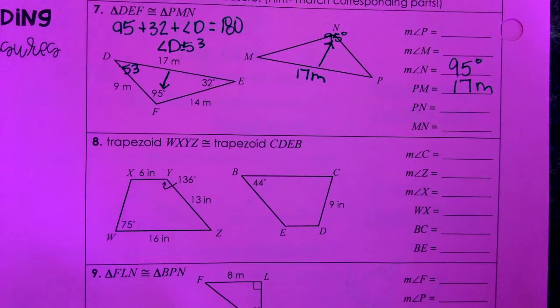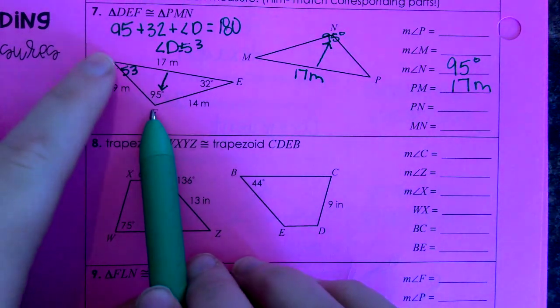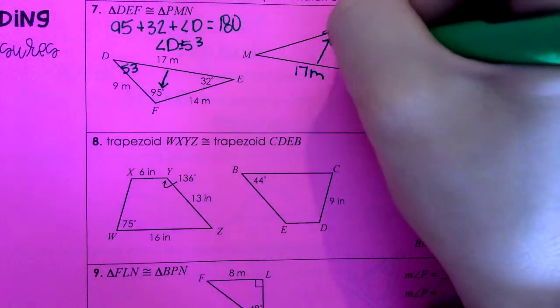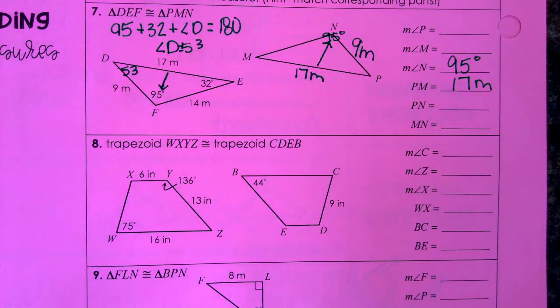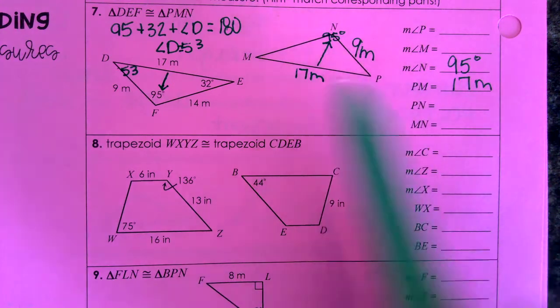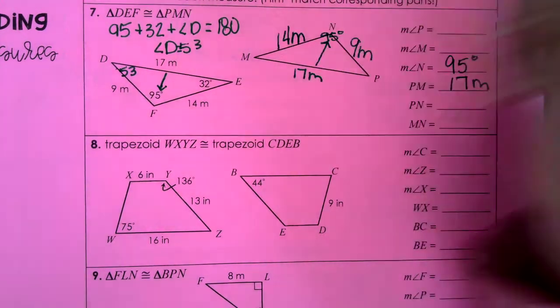Now, knowing that other information, I am going to look here. I see that my shortest side is 9 meters. My shortest side right here is NP, so that has to be 9 meters, because I have to line up my sides with what they look like. So I have shortest side, longest side. That only leaves me with the other side, which is 14 meters.